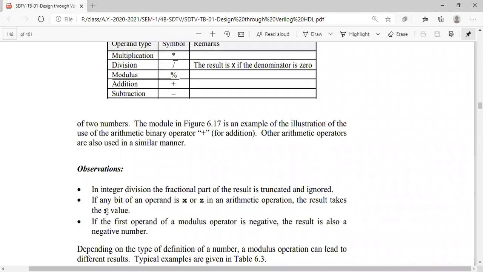So we perform arithmetic operations only on perfect numbers, not with X and Z bits. If the first operand of the modulus operator is negative, the result is also a negative number. We saw that in the second-to-last table.